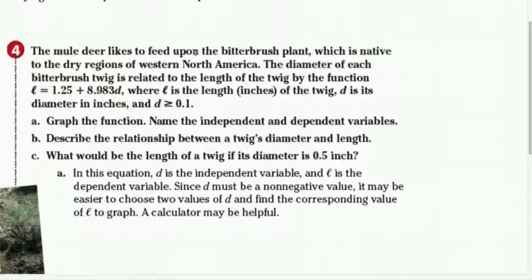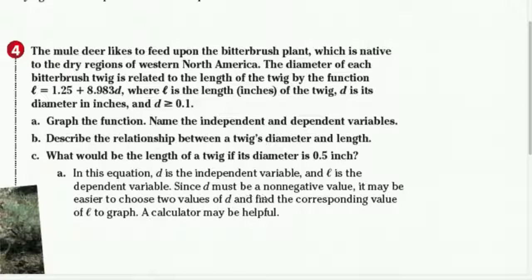Because it's saying right here, in this problem, the diameter of each bitterbrush twig is related to the length of the twig by the function. So that means the length is dependent on the diameter of the twig. So D is the independent variable, L is the dependent variable.